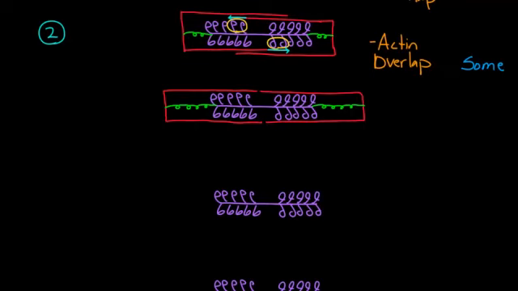So the Z discs here, remember these are our Z discs, have a lot of room. If we really want to yank them in, we could, because the myosin is not right up against them anymore. And we've actually solved the other problem, the actin overlap problem, because there is no overlap at this point. Now you've really got nice spacing, and the actin isn't blocking the myosin from binding to another actin molecule.